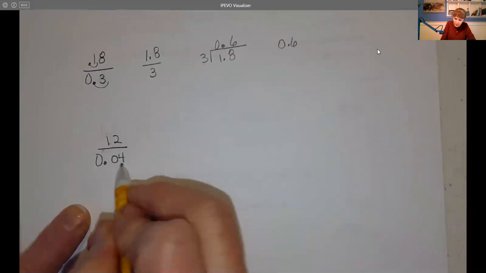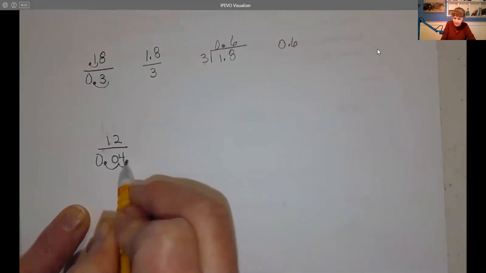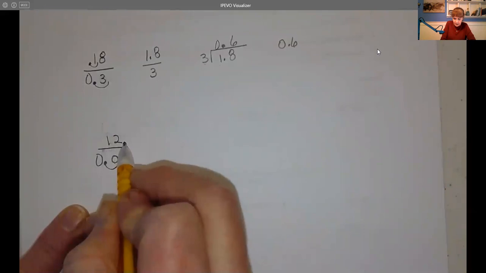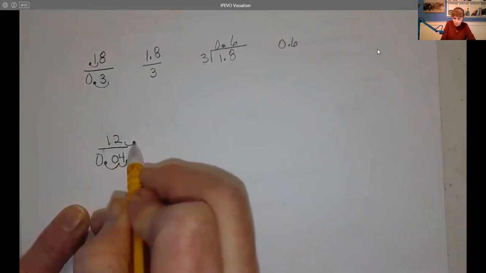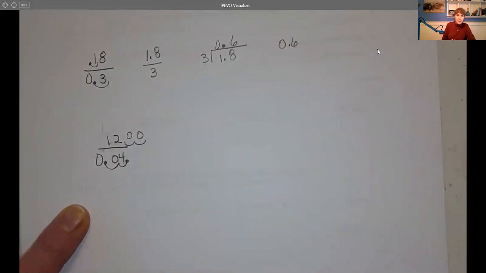This 0.04, you have to move the decimal over twice to make that a 4, which means you take the decimal here and move it over twice. You have to add 0s so that you can move it twice.